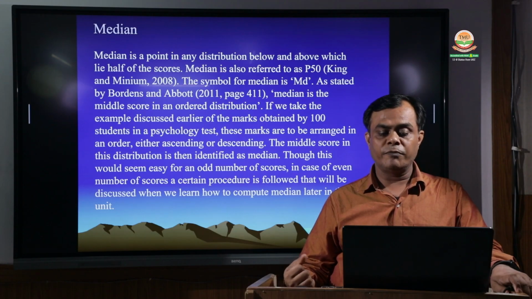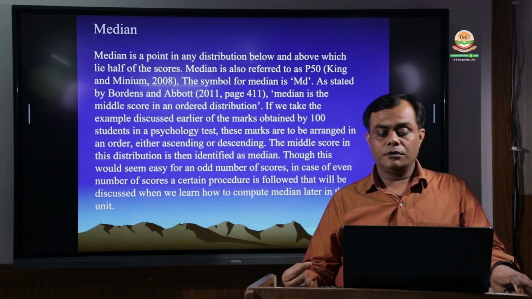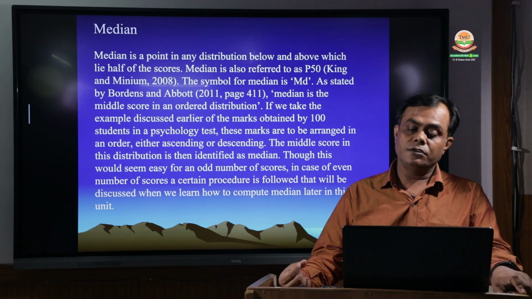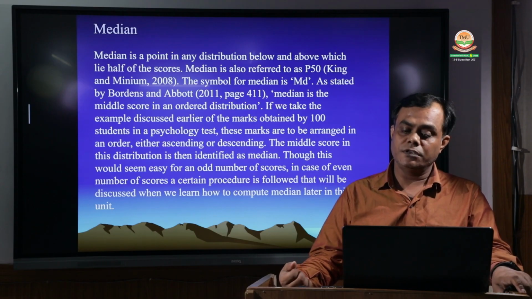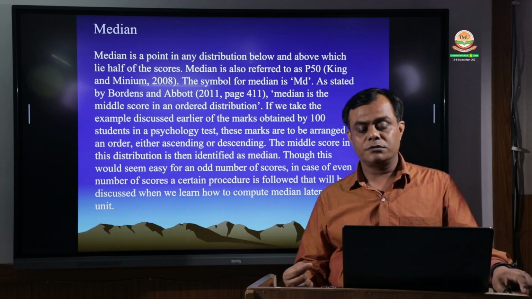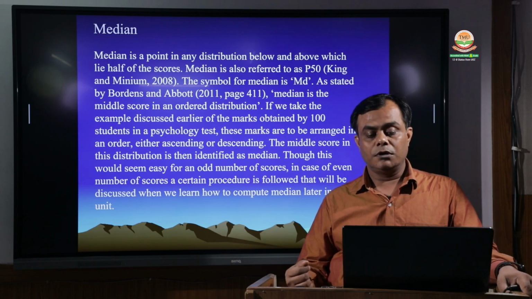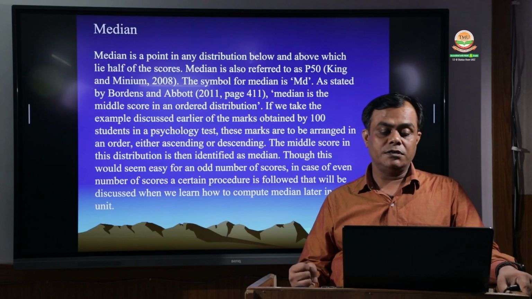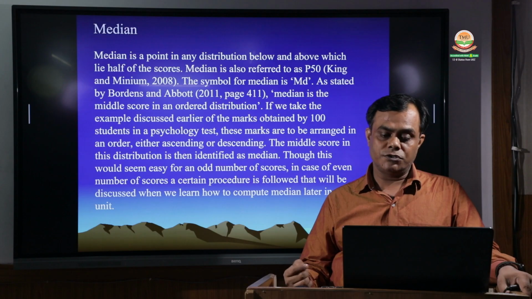King's or minimum 2008 recommended that the symbol for median is MD, and this was stated by Wardens and Abbott in 2011. Median is the middle score in an ordered distribution.